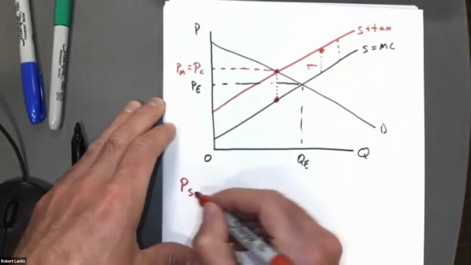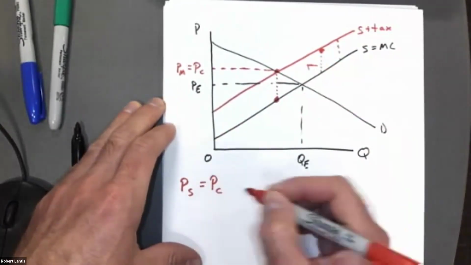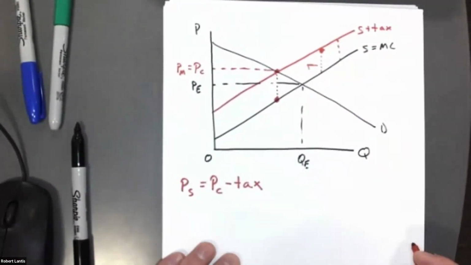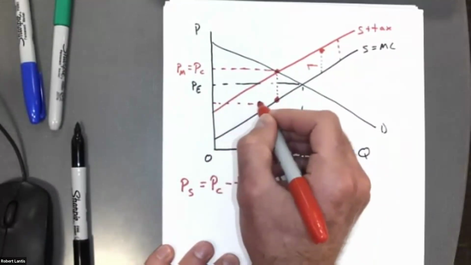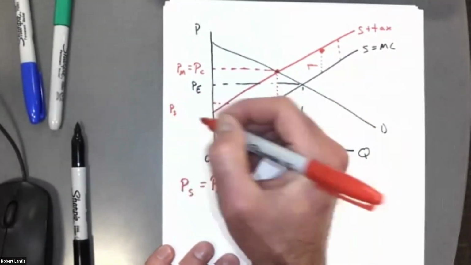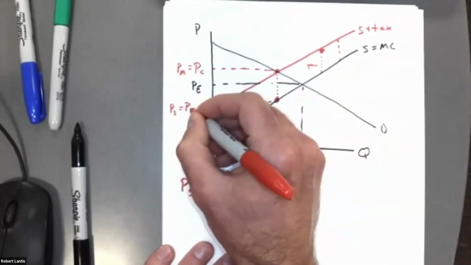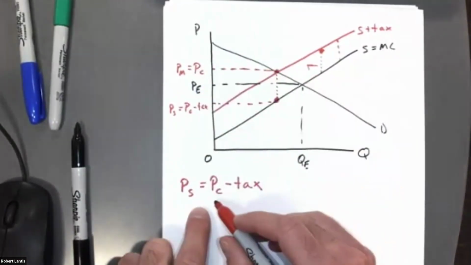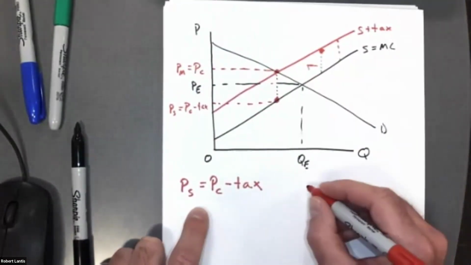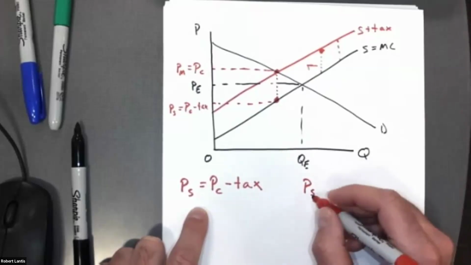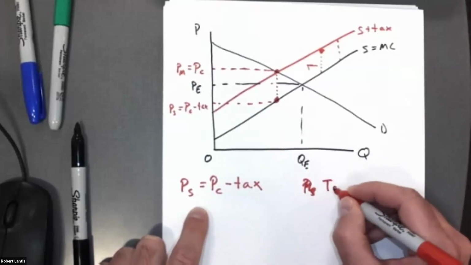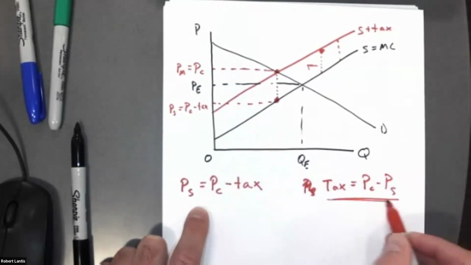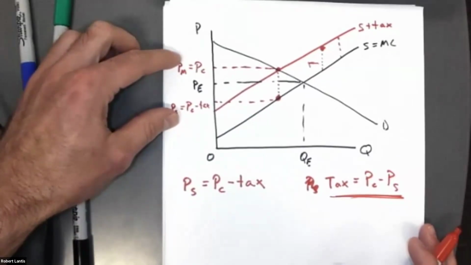Well, the price the seller keeps is going to be the price the consumer pays minus the tax. So if I rearrange this a little bit, the difference between the price the consumer pays and the price the seller keeps will always represent the value of the tax.